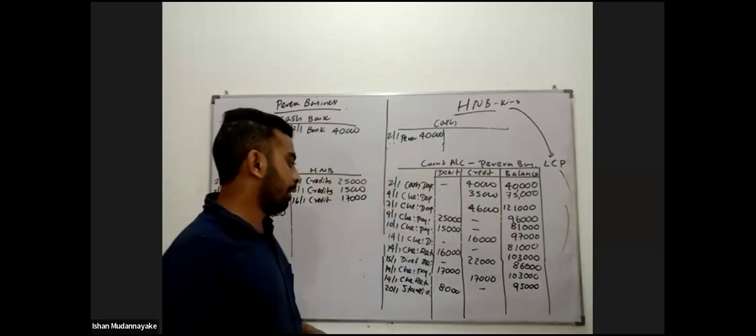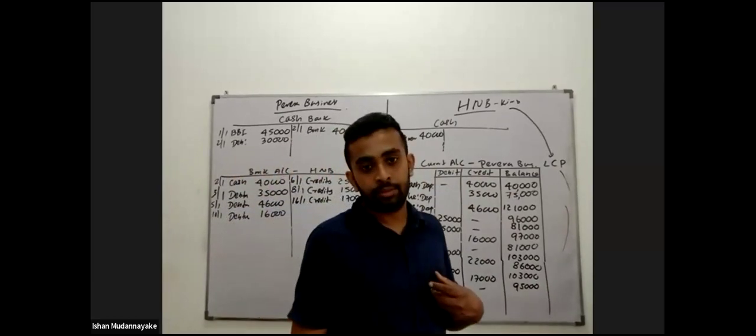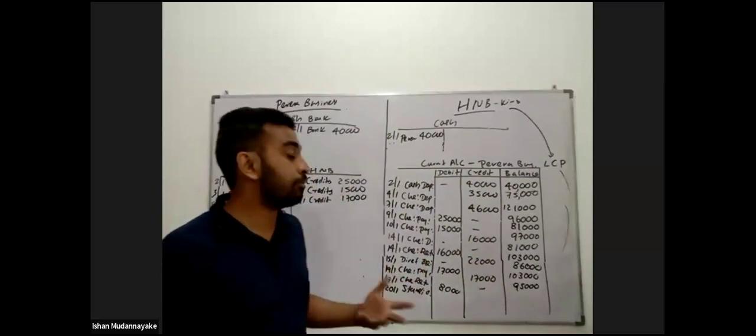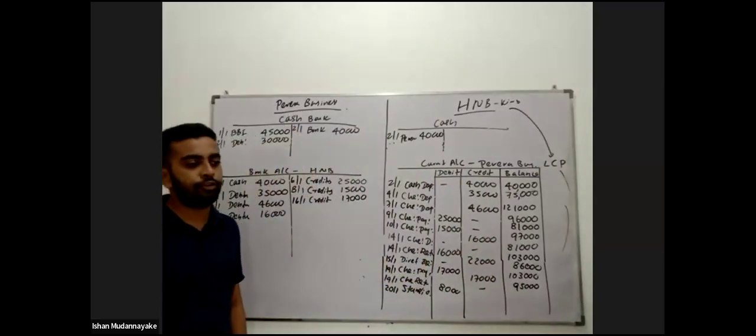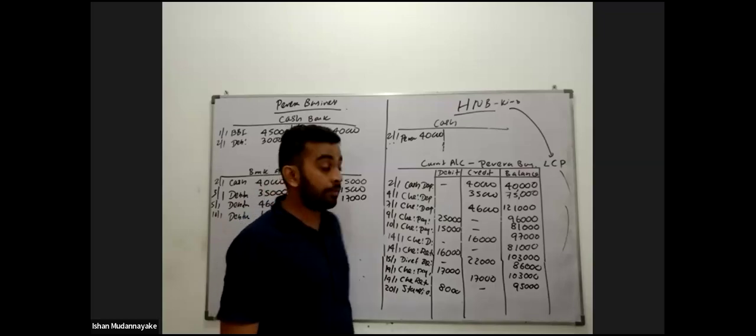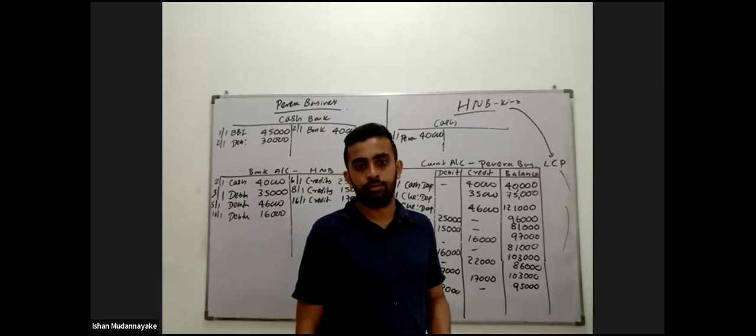95,000. Here also we assume that until we receive the bank statement, our business is not aware of this standing order. A few months ago we gave this order to the bank, but now we have forgotten.